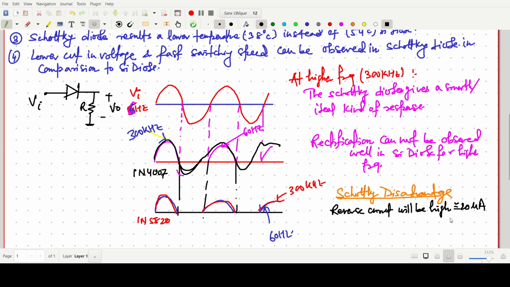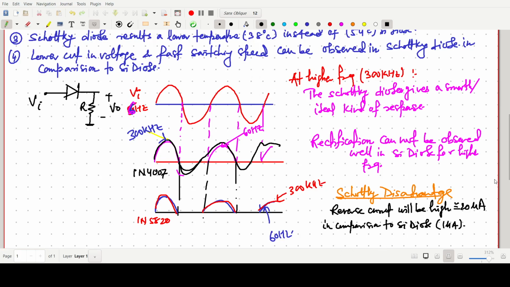It is around 20 microampere, whereas the reverse current for the silicon diode is around 1 microampere.